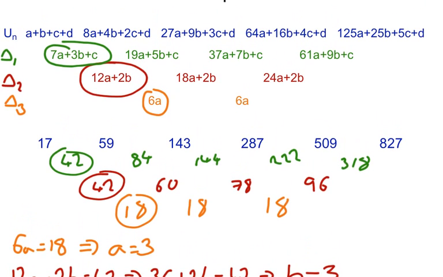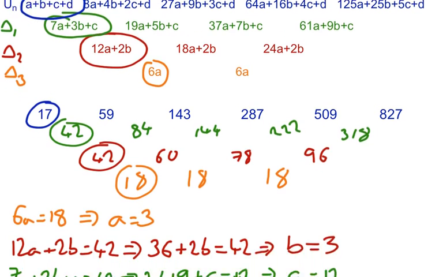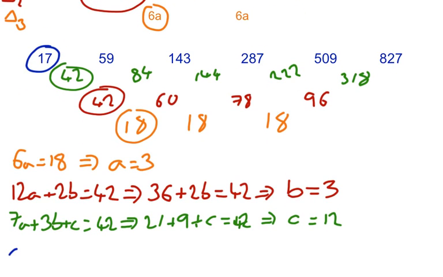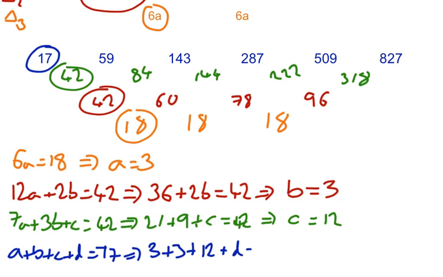And finally, a plus b plus c plus d and 17. So we get a plus b plus c plus d is equal to 17. A is 3, b is 3, c is 12, plus d equals 17.